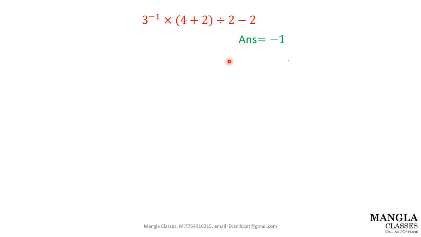This is another simple question containing an order term and a bracketed term. So first solve the bracketed part. 4 plus 2 is 6. Bracketed part is called one entity. Why I want to bring it here?